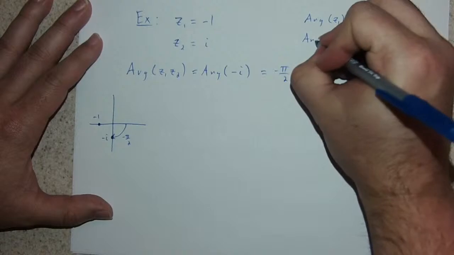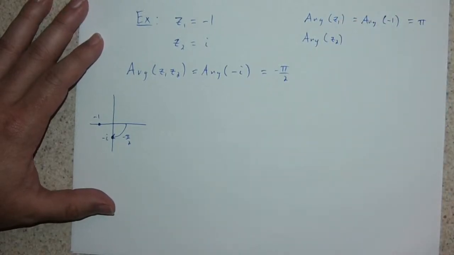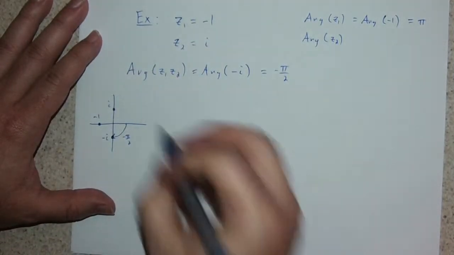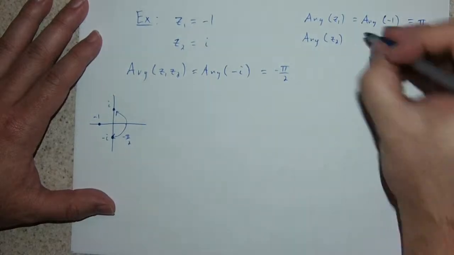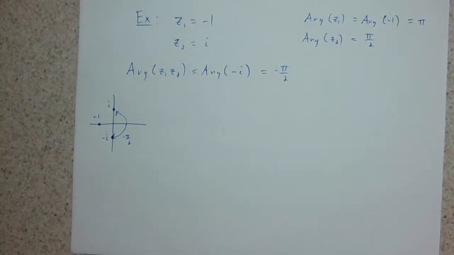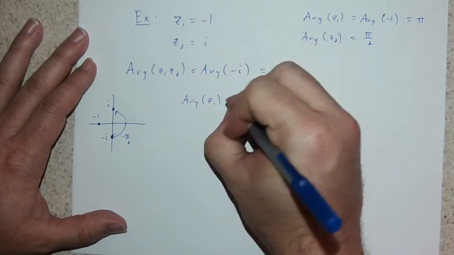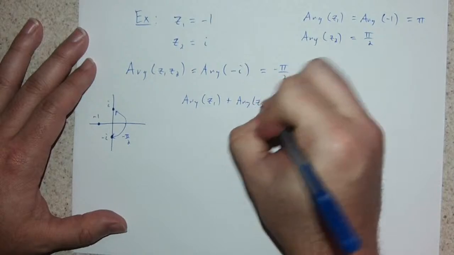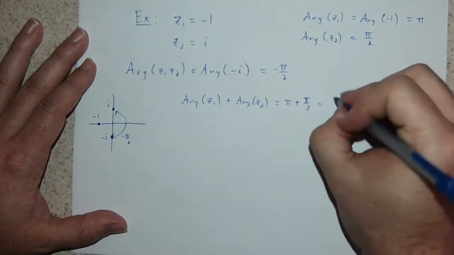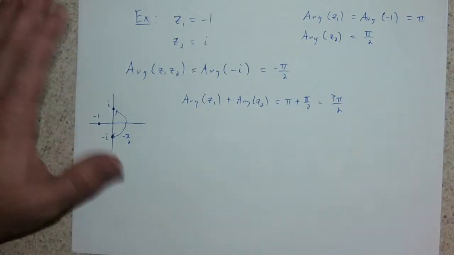And the principal argument of z sub 2: z sub 2 is i, so here's i. So the principal argument is pi over 2. So the argument of z sub 1 plus the argument of z sub 2 is actually pi plus pi over 2, which is 3 pi over 2. So these are not equal.